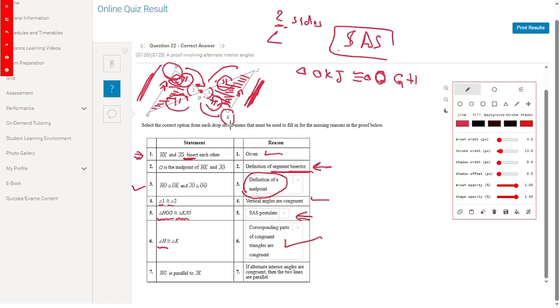If alternate interior angles, for example between these two lines with this line as the transversal, are congruent, then the two lines are parallel.